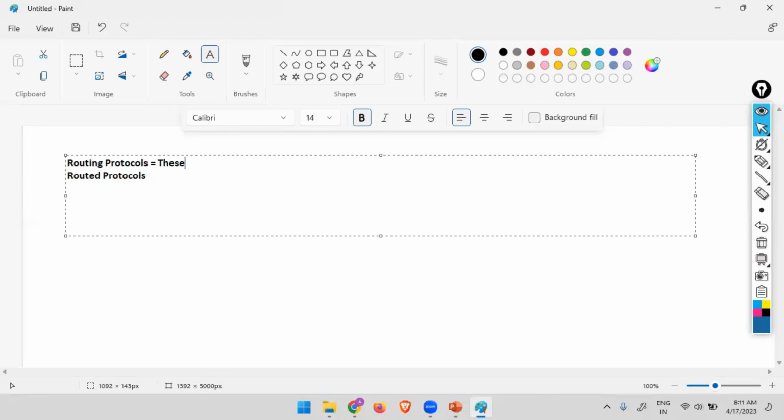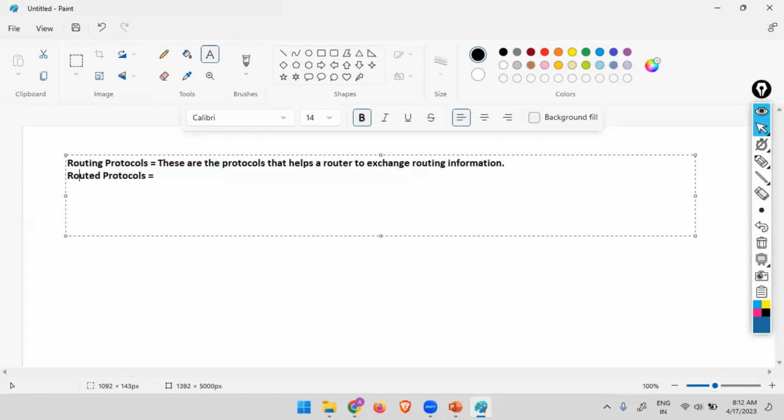So you can say these are the protocols that help the router to exchange routing information. And your routed protocols.